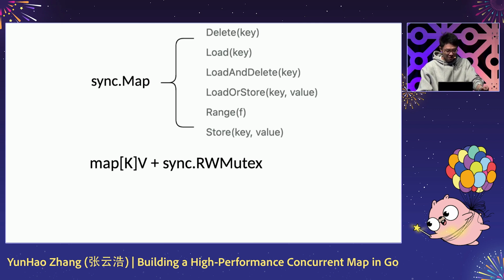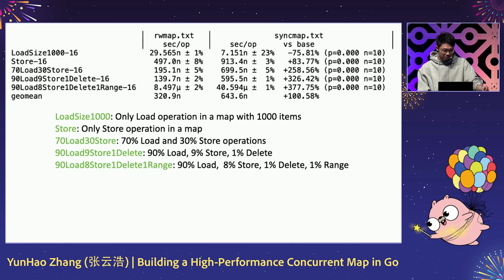And because today we are focused on performance issues, let's do a benchmark and see what happens. Here is the benchmark result for these two maps: the read-write mutex map versus the sync.Map. In each benchmark case, 16 coroutines execute the same number of operations concurrently, but they differ in the types of operations they perform.